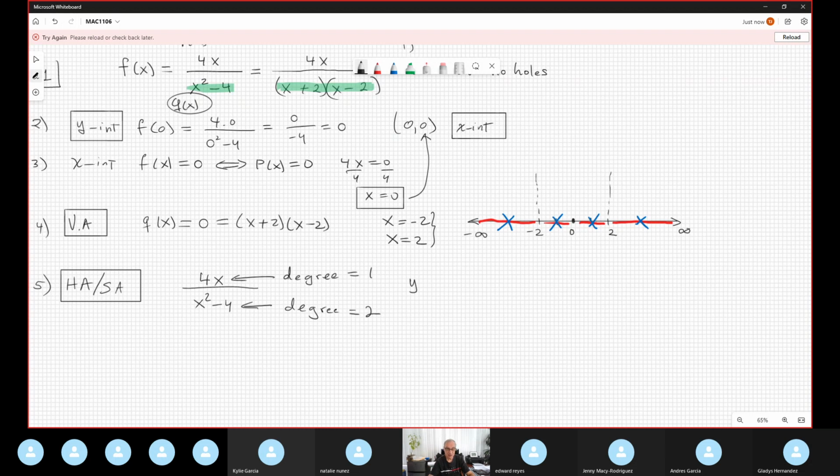Yes, the answer is yes, we have a horizontal asymptote at y equals 0. Now y equals 0 is the horizontal line coincident with the x-axis.